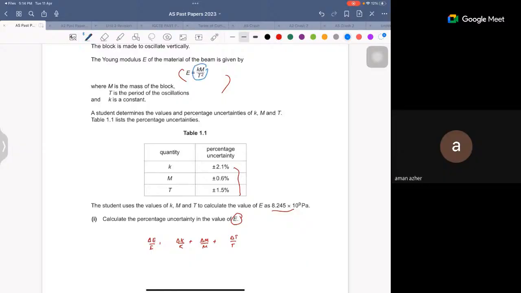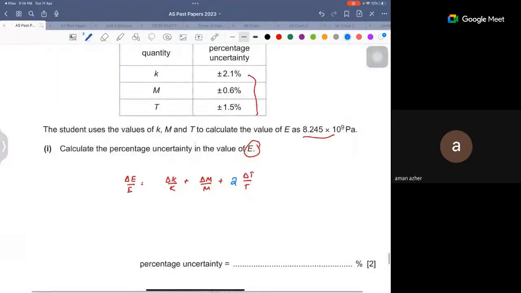So all of them have no power except for T, which has 2, so I'm going to multiply 2 then. So then you're going to put 2.1%, just directly put every value.